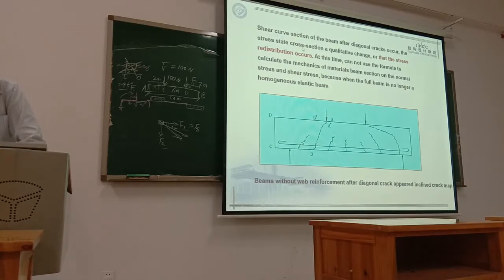After the diagonal crack occurs, the stress state of the cross section continues to change, and stress redistribution occurs. That means once the crack occurred, the tensile force resisted by the concrete was transferred to the reinforcement. Then the stress of the reinforcement was increased greatly. Normally, once the concrete cracks, we neglect the tensile stress borne by the concrete.